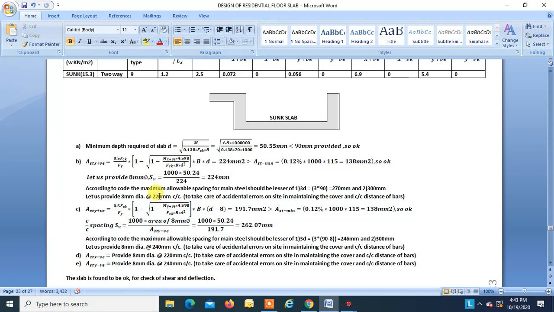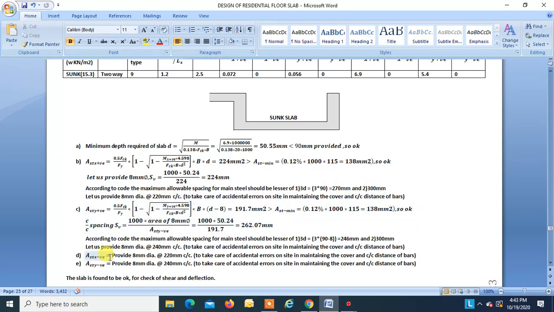So we have to provide at support 50% of this steel. Okay, 50% of this steel will make the spacing 440. But the code says the spacing should not be greater than the lesser of these two, right? So we'll provide the same steel on support too.